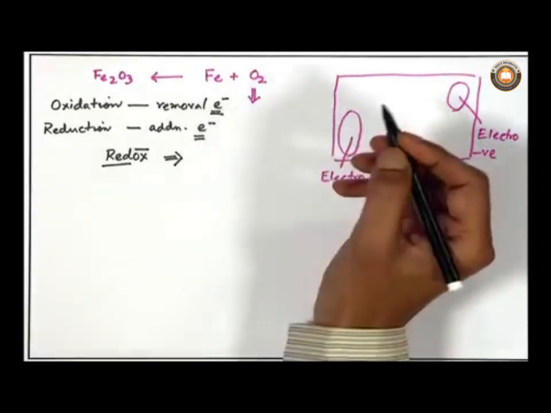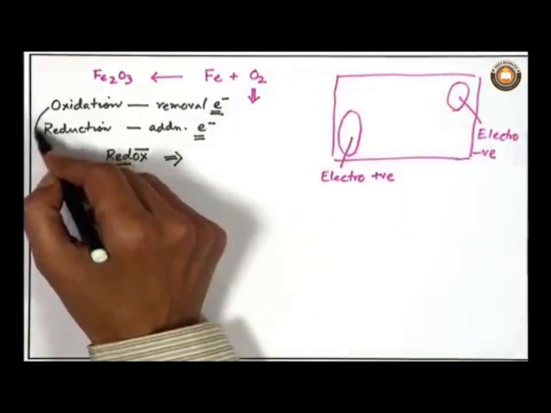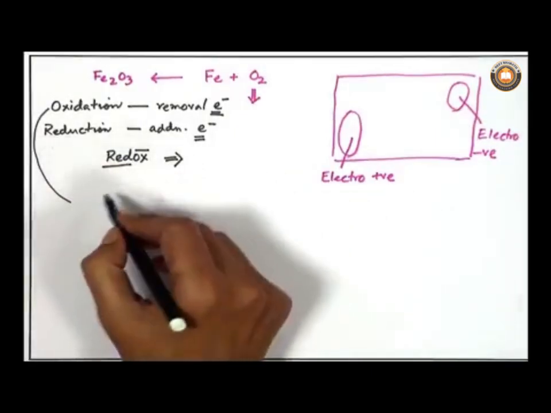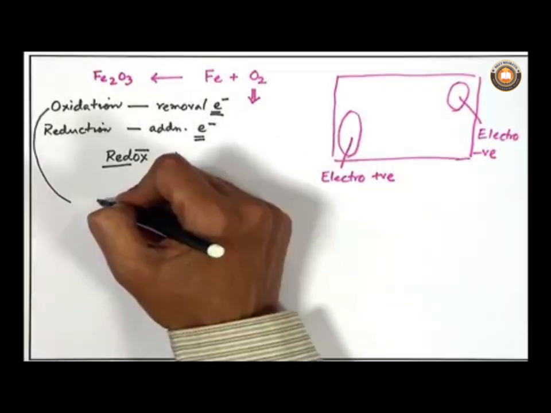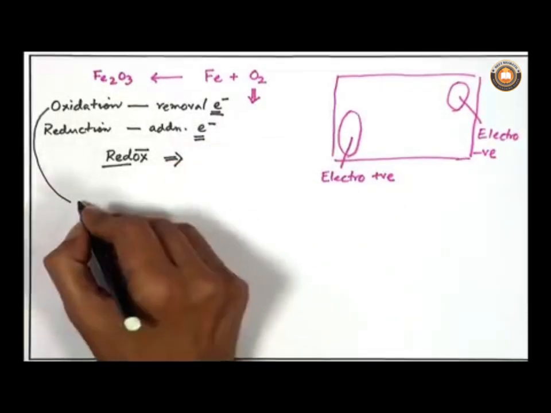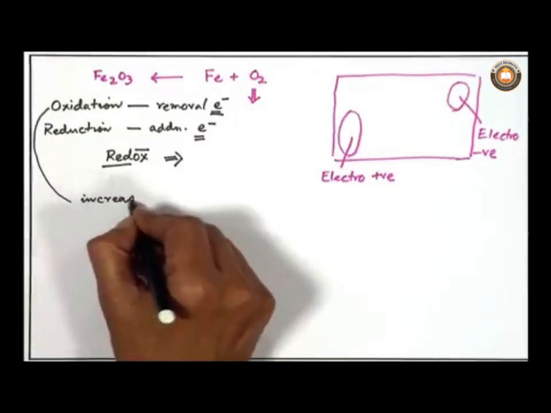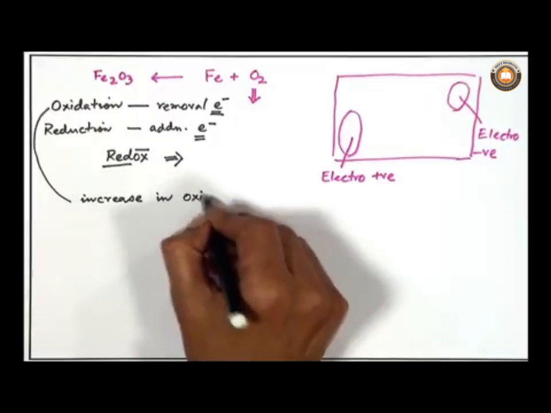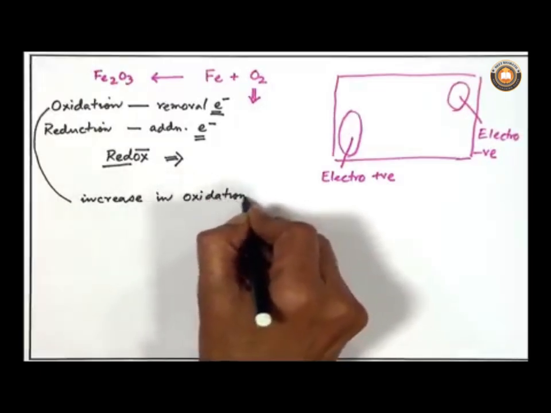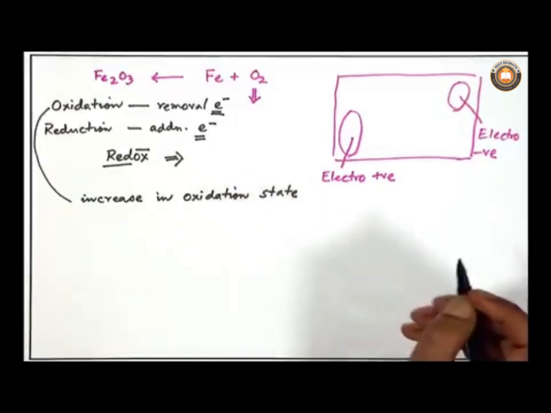So, how do we know about the transfer of electrons? The same oxidation process can be defined as the removal of electron, loss of electron, or another term we can use is increase in oxidation state.